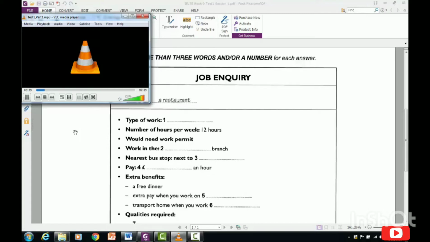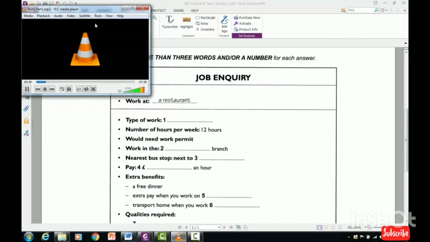All the recordings will be played once only. The test is in 4 sections. At the end of the test, you will be given 10 minutes to transfer your answers to an answer sheet. Now turn to section 1. Section 1. You will hear a man phoning to inquire about a job vacancy.